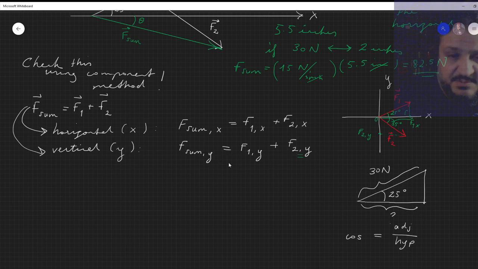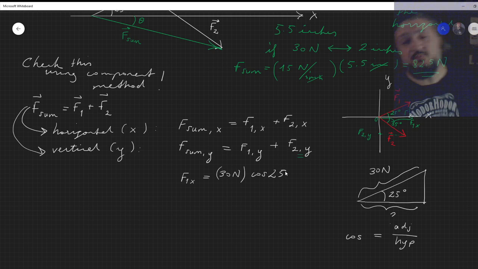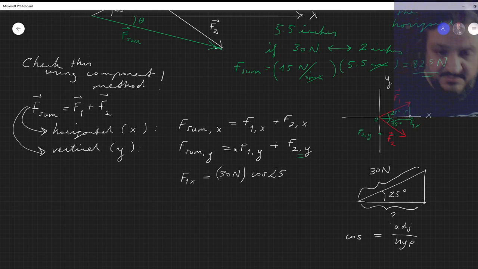So F1x, this positive number, this point here, which is also the length of that adjacent side, is nothing but 30 newtons times cosine 25. Okay, so you just find this number.